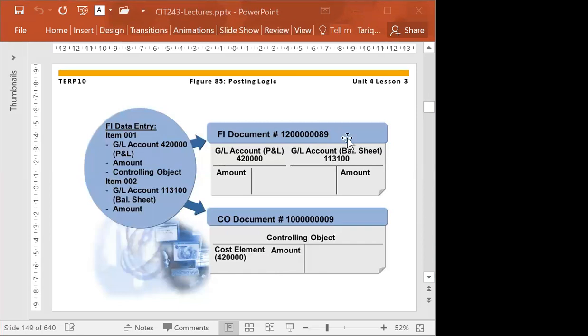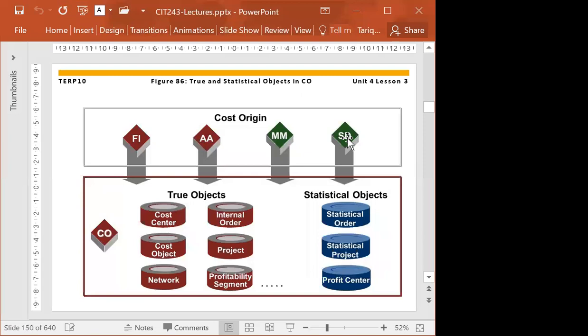Now we have true and statistical objects. We just saw that we have a cost center, internal orders, the cost object, the project, the networks, and the profitability segments. They are the true objects. True objects mean they are receiving the cost.